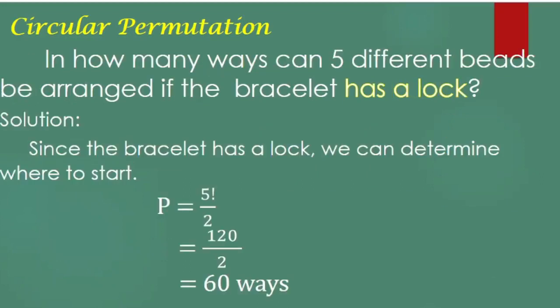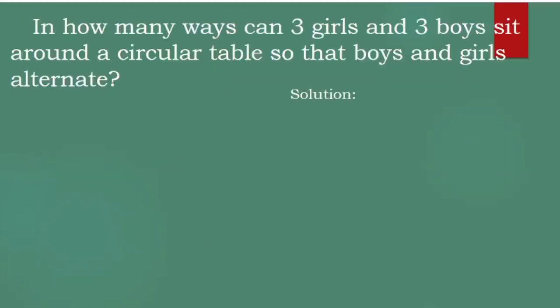So P equals 5 factorial all over 2 factorial. 5 factorial simplifies to 120, and 2 factorial is 2. Then 120 divided by 2 is 60 ways.